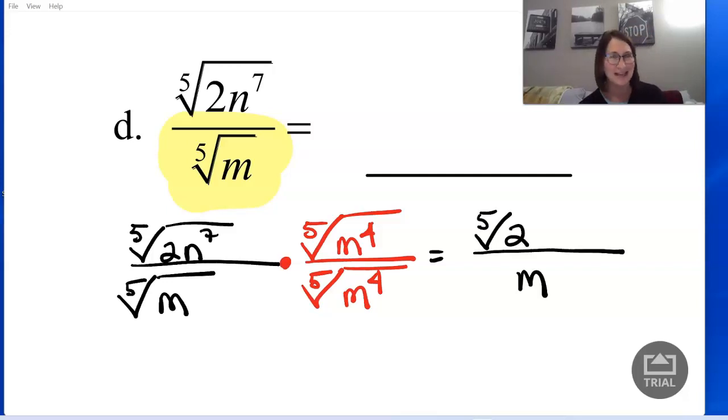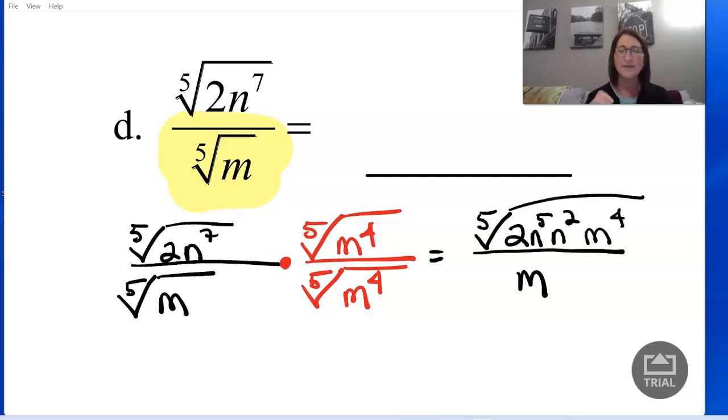And my numerator, I have the 5th root of 2 n to the 7th. That bothers me. Because that exponent is larger than the index, I'm going to change that to n to the 5th times n squared. And then I've got this m to the fourth. All right. So because I did that, this 5 and this 5 match. That means an n can come out.